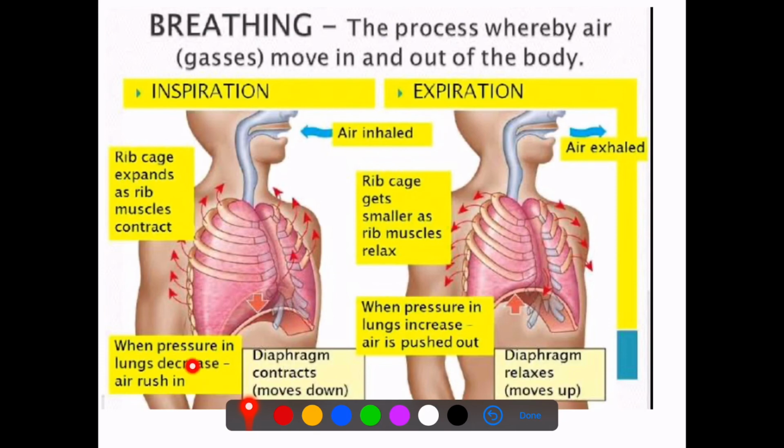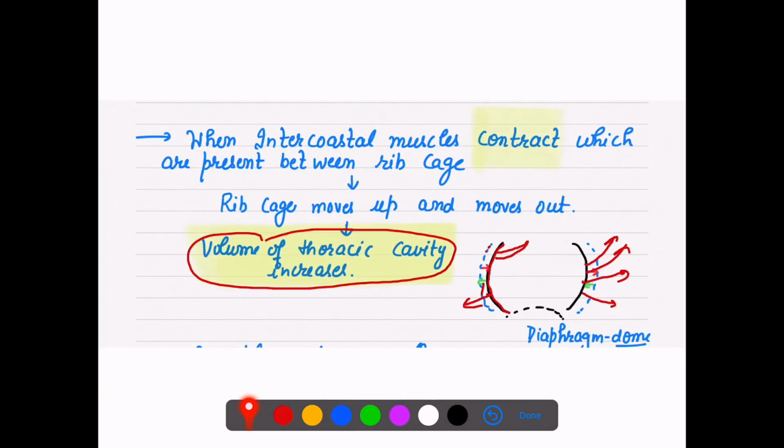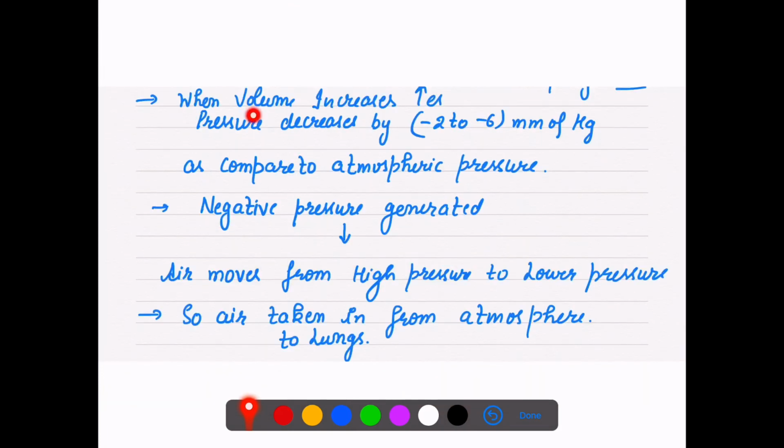And the rib cage, because which muscles are contracting here? The external intercostal muscles. So when the external intercostal muscles contract, the rib cage expands, and due to this expansion the volume increases and pressure decreases. It is approximately, we usually say, -2 to -6 mm of mercury as compared to your atmospheric pressure.